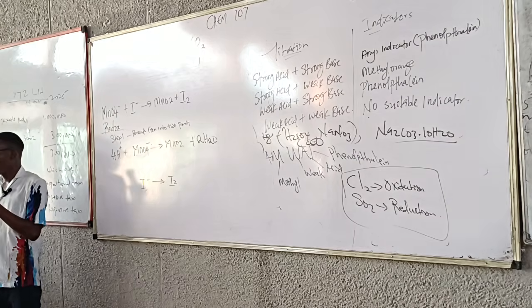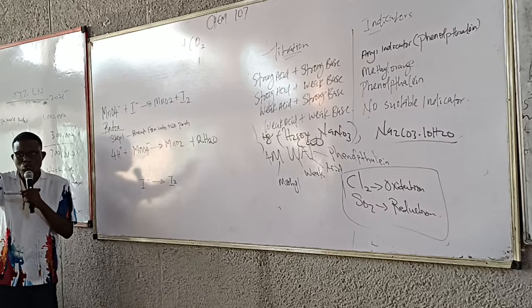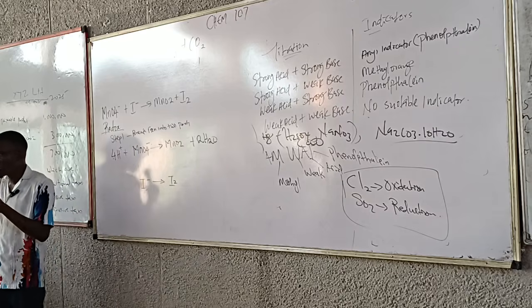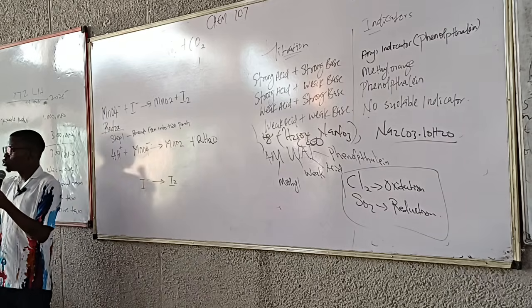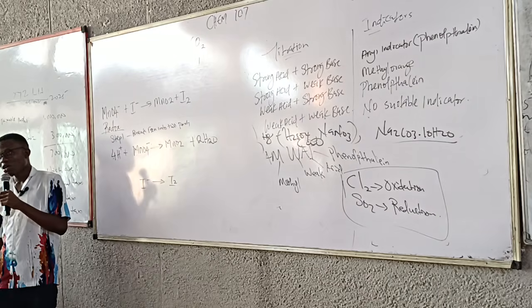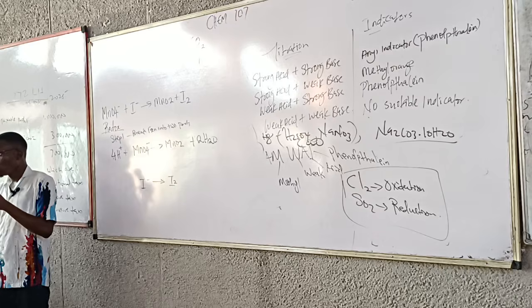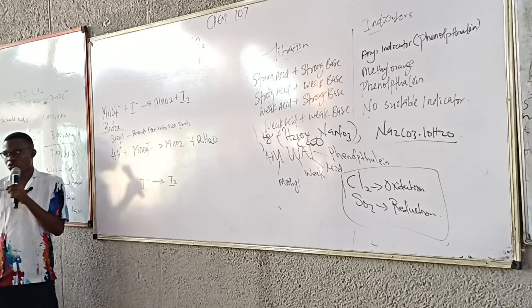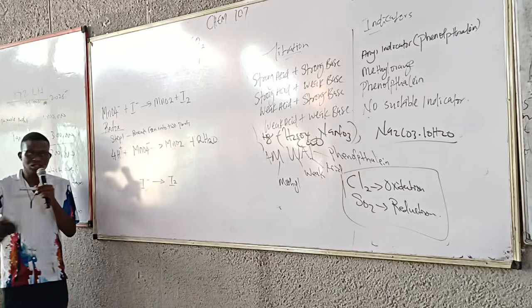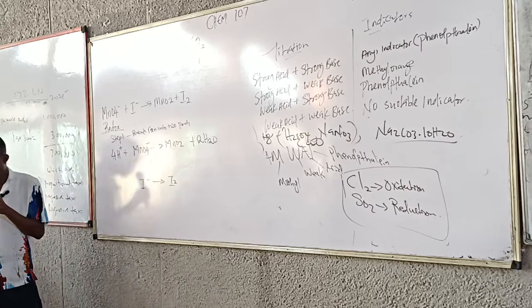Hydrogen. This is in acidic medium. Now, when you are balancing acidic medium, what you are trying to do is produce hydrogen ions. Because if a solution has many hydrogen ions, it becomes acidic. But if it has many hydroxide ions, it becomes what? Basic. So we are trying to produce hydrogen ions. And you only get that from where? Water. So that is it.